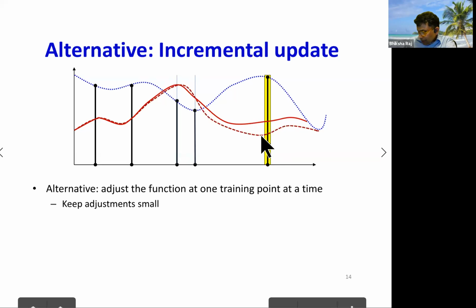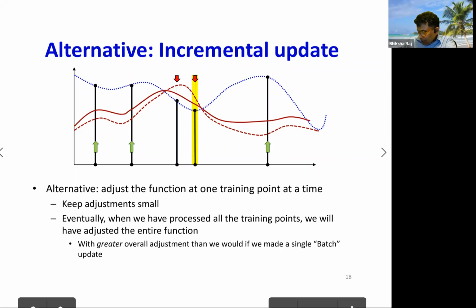So we might first select, for instance, this instance highlighted in yellow, find the function is too low, and adjust it by pushing it up a bit over here. Then pick up another training instance and adjust the parameters to reduce the error over there. And then pick up the next training instance and adjust the parameters to reduce the error over here. And then select the next one and adjust the parameters to reduce the error over here.